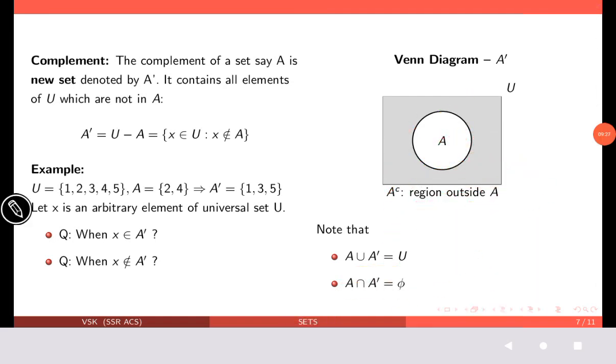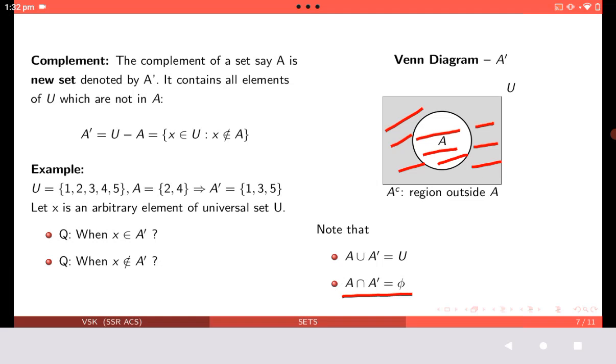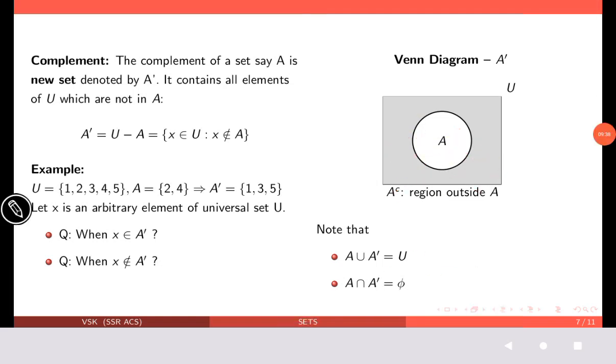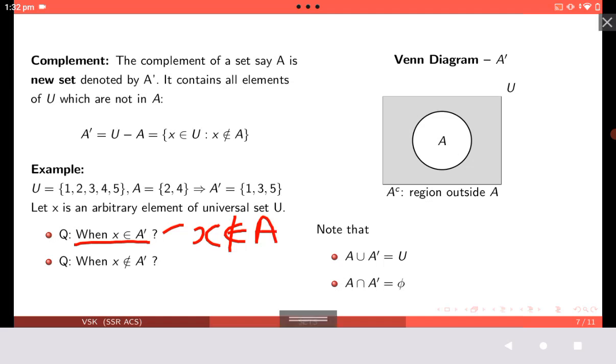If we find the intersection of these two, because there is no common element in A and in A dash, its intersection is always the empty set. Now, when x belongs to A dash, the answer is that x does not belong to A. And when x does not belong to A dash, the answer is that x belongs to A. So this is very clear, because their intersection is always empty. There is no common element between these two sets.